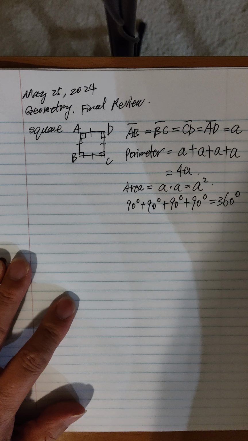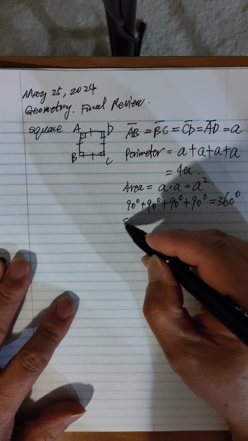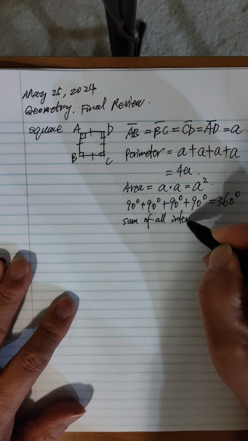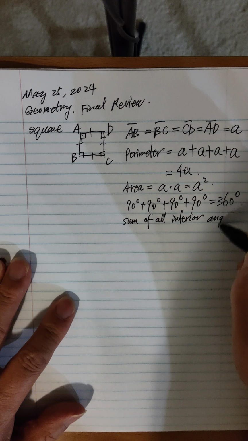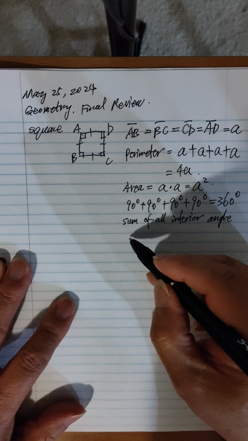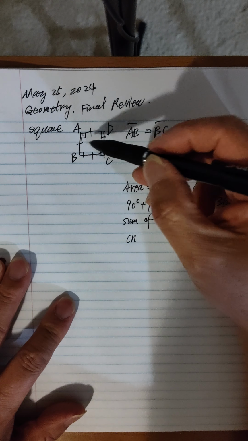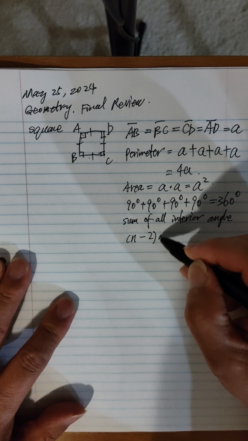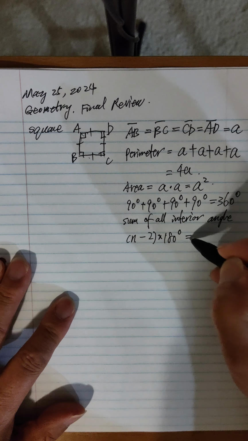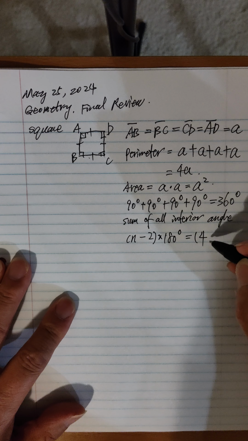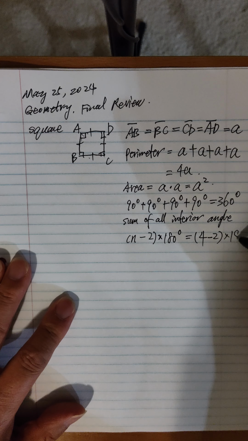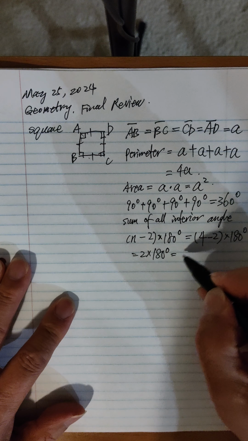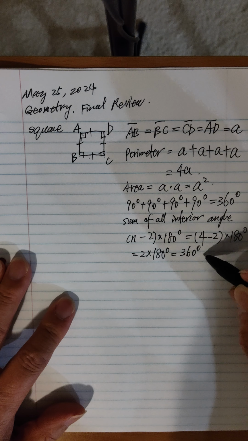Remember last time we used the sum of all interior angles: that is n, the number of sides, in this case 1, 2, 3, 4, subtract 2, times 180 degrees. With 4 sides, 4 minus 2 is 2, times 180 degrees, which is 360 degrees. Again, those two agree.